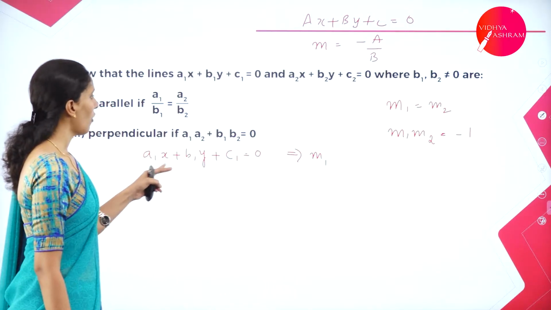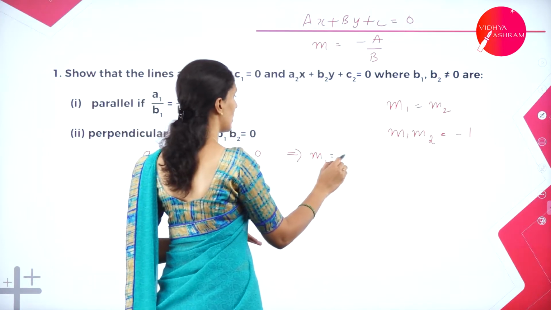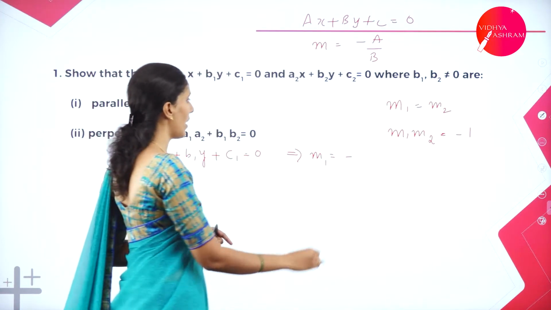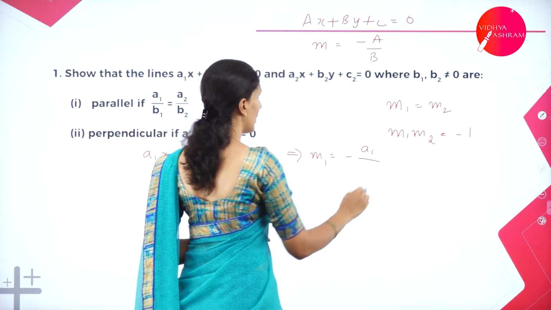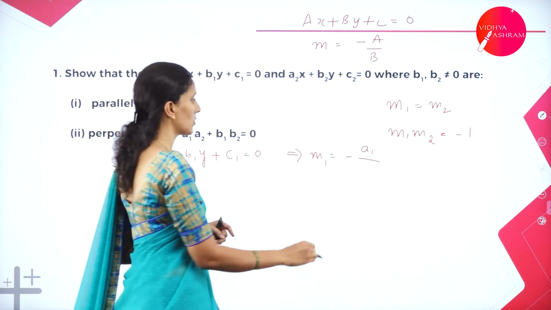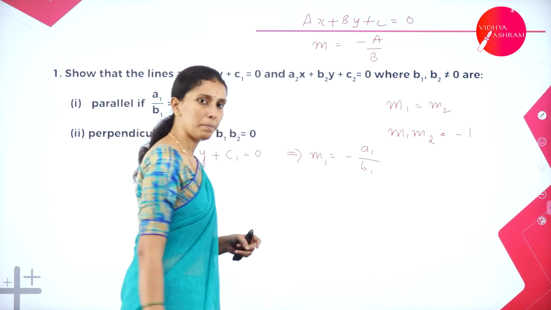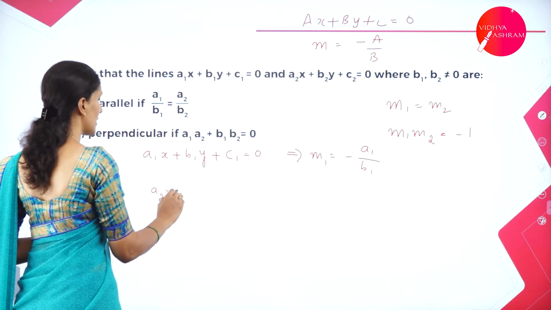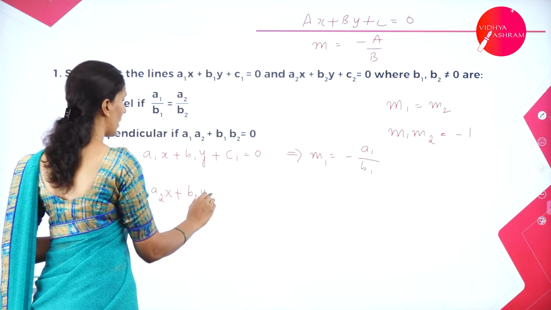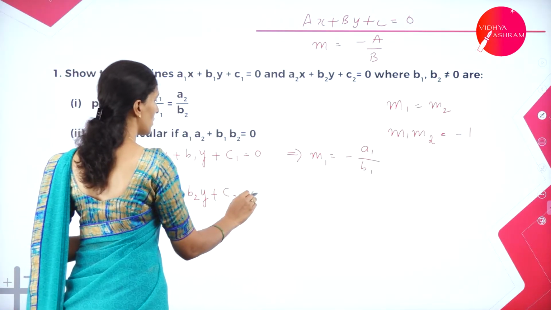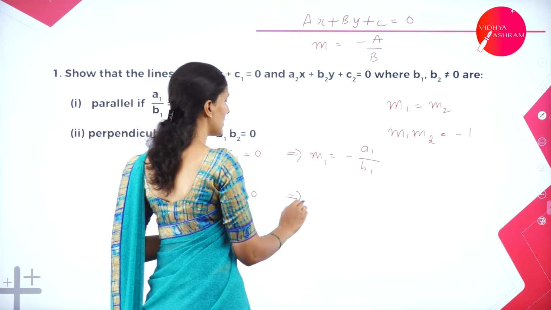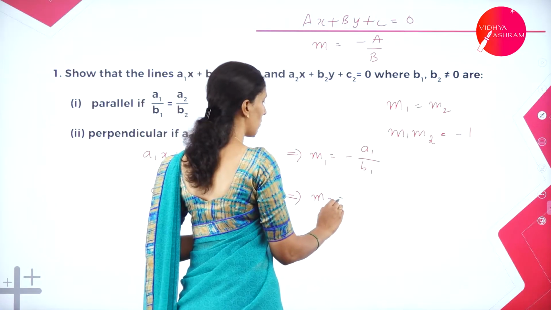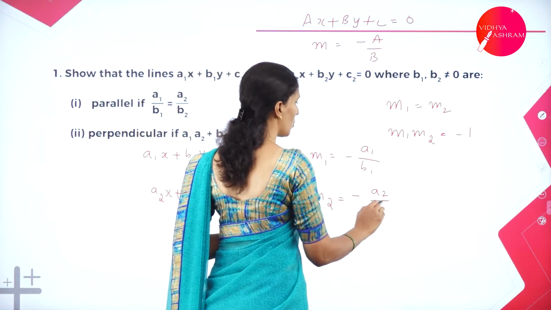Okay, the value of a is a1 and b is b1. So this is minus a1 by b1. That is my first slope. And the second equation is a2x plus b2y plus c2 is equal to 0. Now this implies the slope m2 is equal to minus a2 by b2.